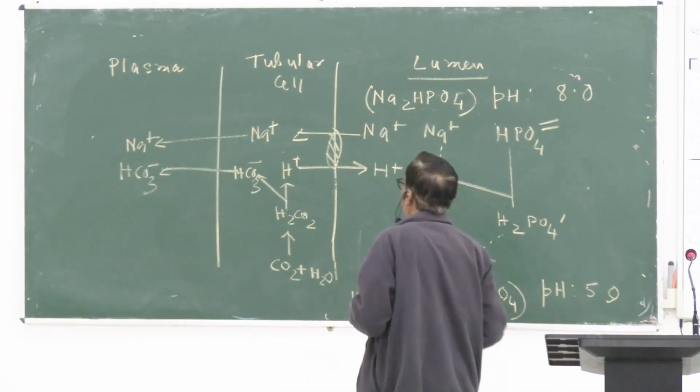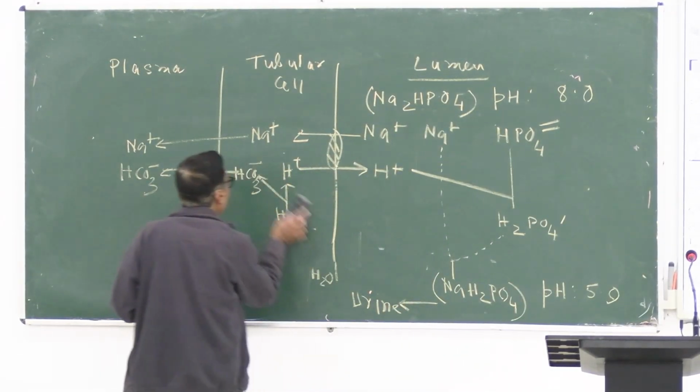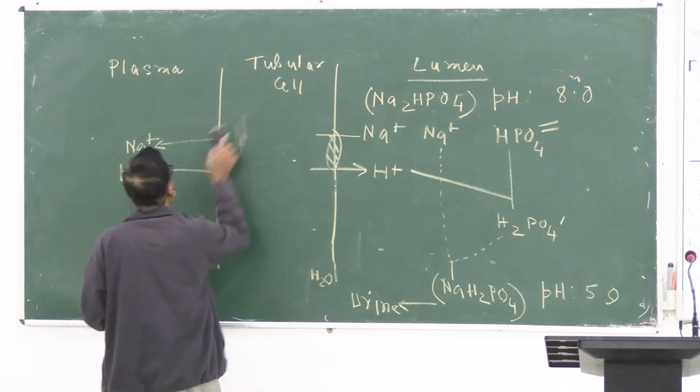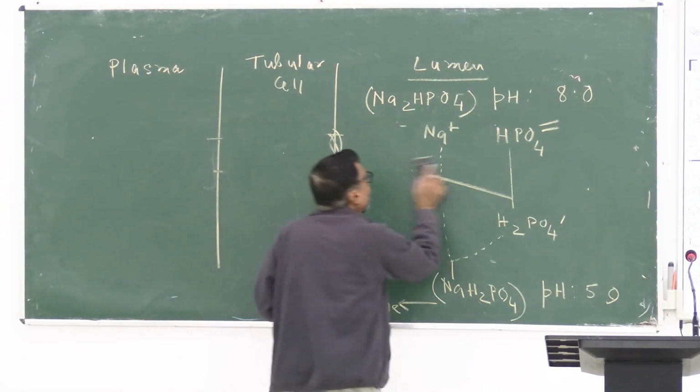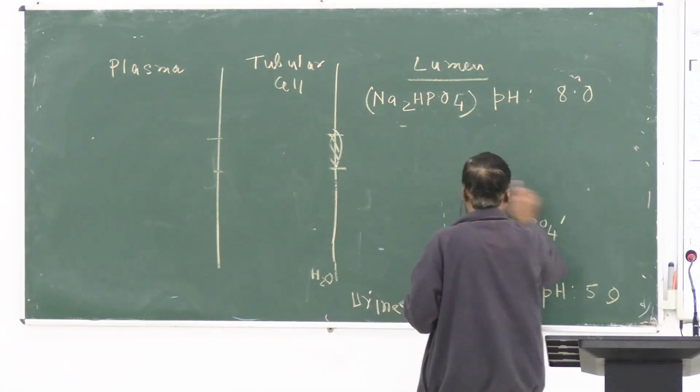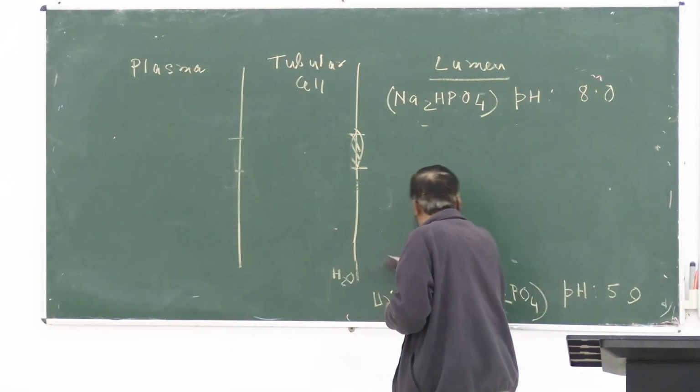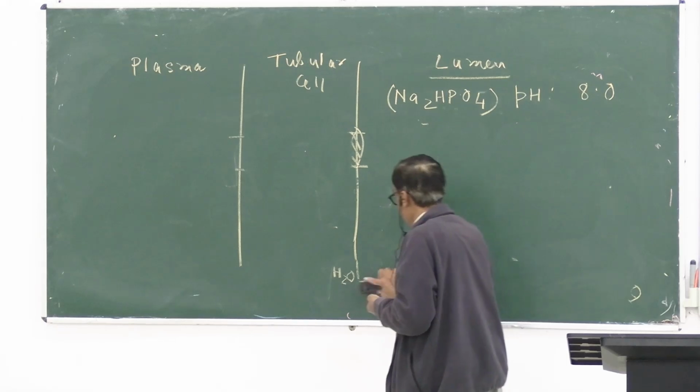Now, there is a third fate of the hydrogen ion. The first fate of hydrogen ion secretion is the reabsorption of the bicarbonate. The second fate is the formation of the acidic component of the phosphate buffer.